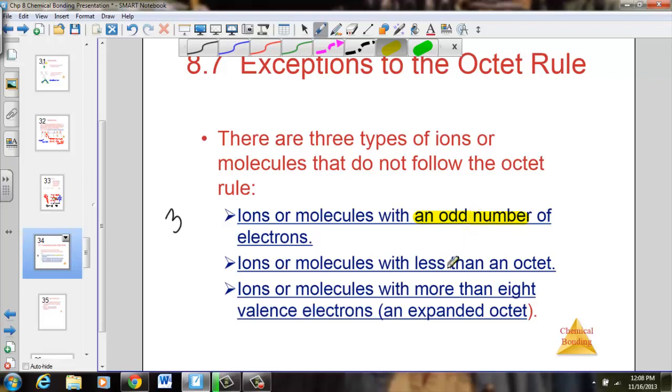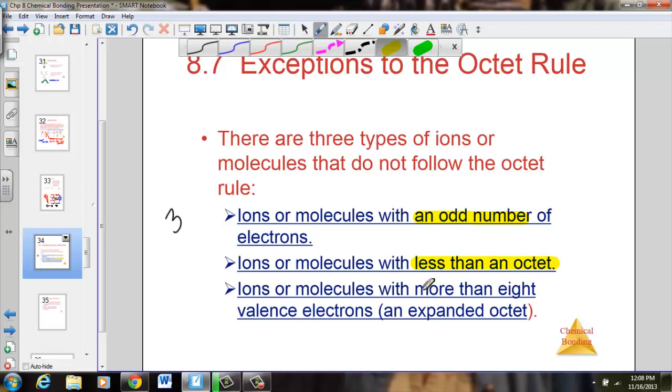Second scenario is sometimes the central atom will have less than an octet. So the number around the central atom can be something other than 8, perhaps it will be 6, perhaps it'll even be 4. So something smaller.